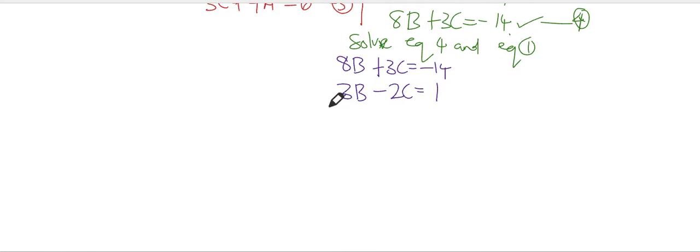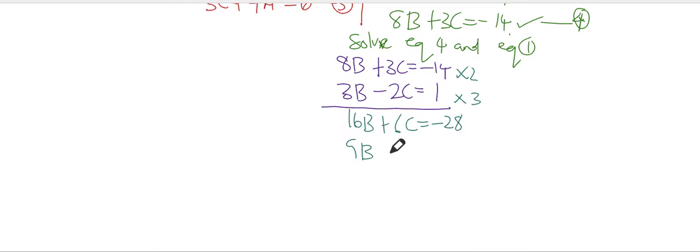Now let's solve this. Before we solve, we have to multiply each equation. Times this by 2, times this by 3, so it gives me 16B plus 6C equals negative 28, and 9B minus 6C equals positive 3.